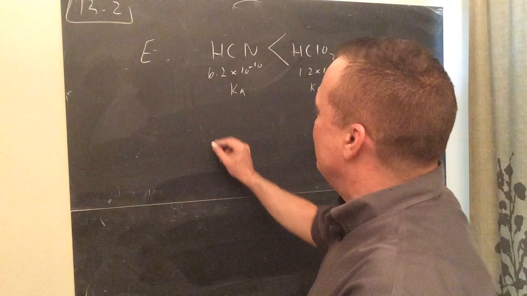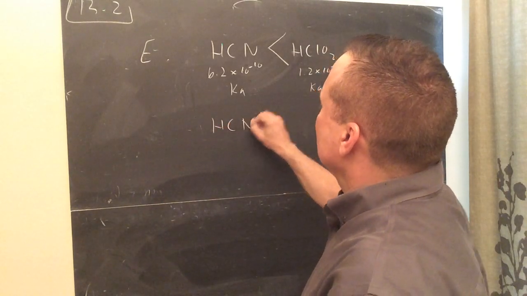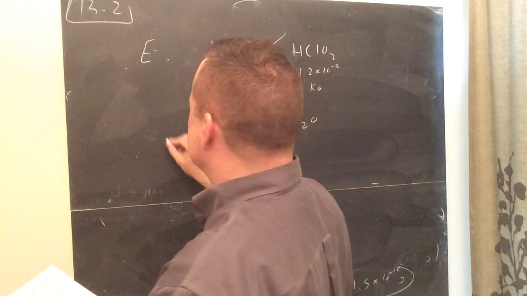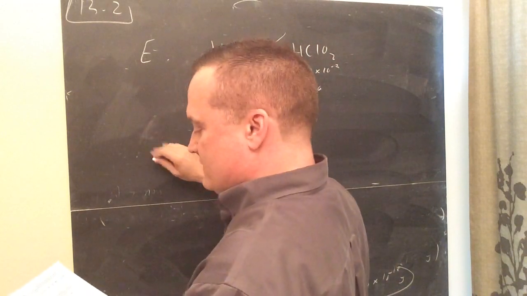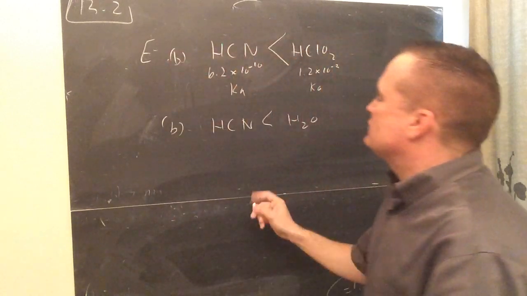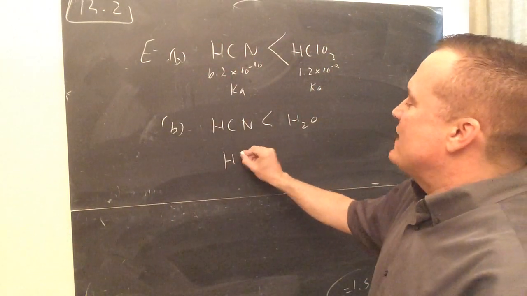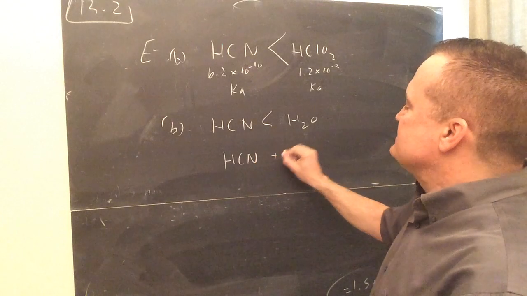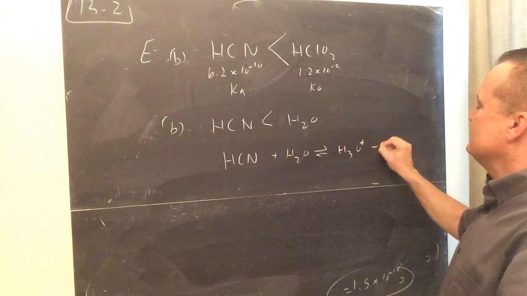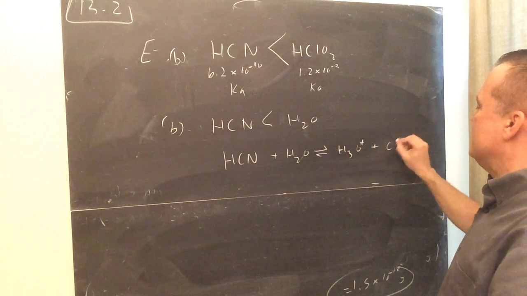All right, HCN or H2O. What is a stronger acid? For this one, if it helps you, write down the reaction: HCN plus water gives you H3O plus and CN negative.